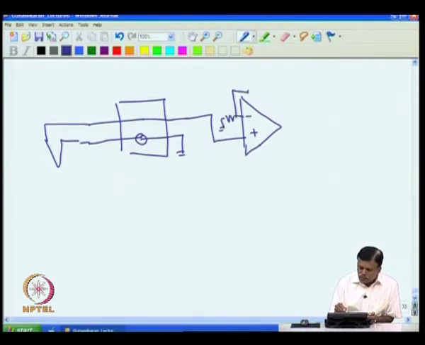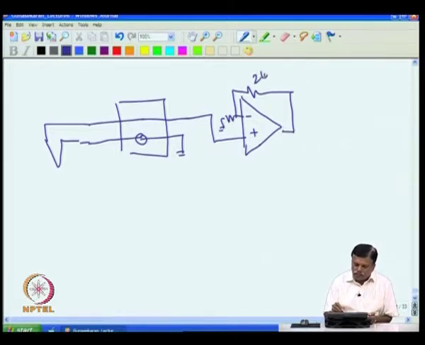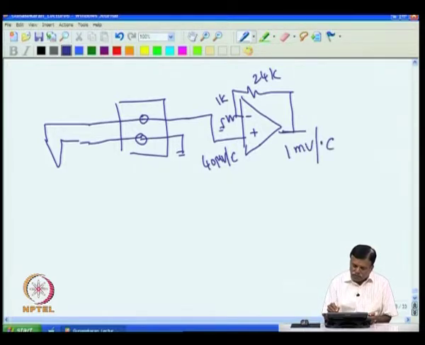For example, I have a gain of, say, 25, just for academic purposes, by putting 24K and 1K. The sensitivity here is 40 microvolt per degree C. So, 1 degree change here will give me 40 microvolt change, and 40 microvolt amplified by 25 will give me 1 millivolt. So, you will get 1 millivolt change for every 1 degree change at the output of this.